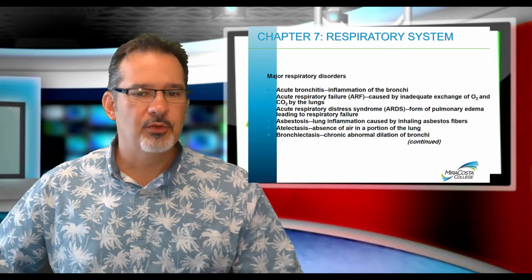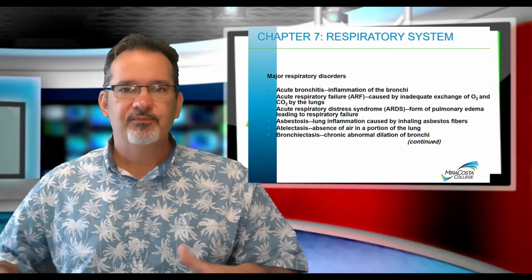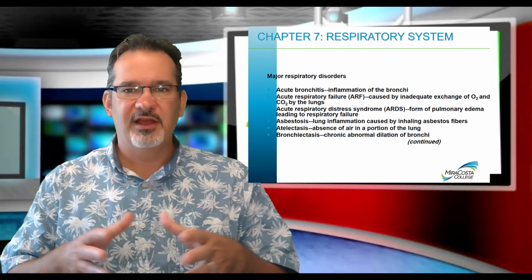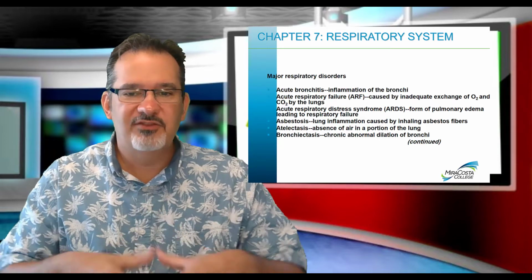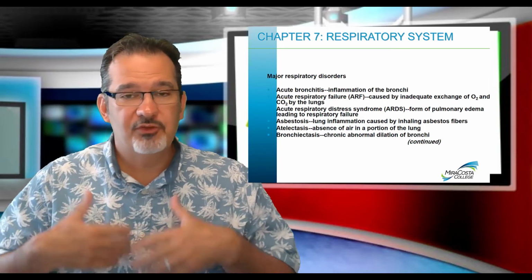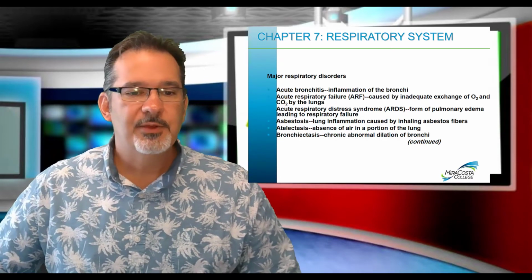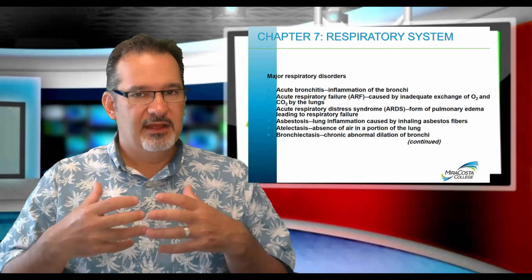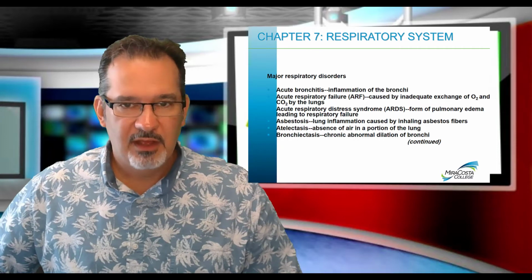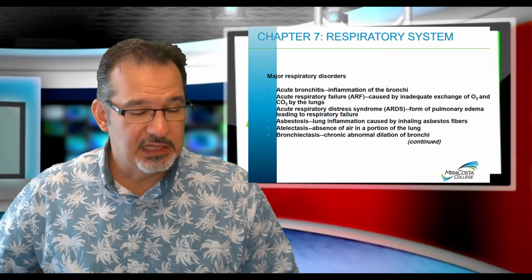Major respiratory disorders, acute bronchitis. Okay, so acute bronchitis, a sudden onset is what acute means. So sudden onset of an inflammation of the bronchi, which could make it difficult to breathe. Acute respiratory failure, ARF, again, a sudden onset of the respiratory system failing.